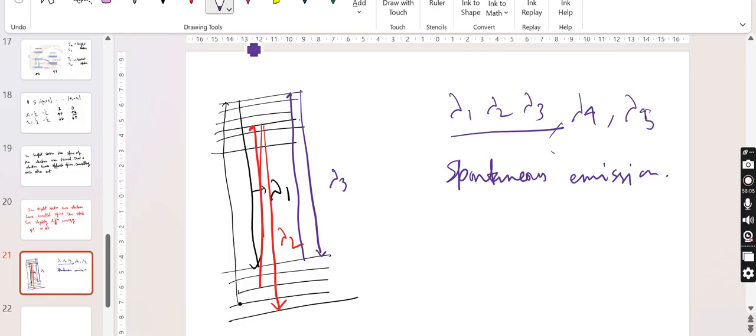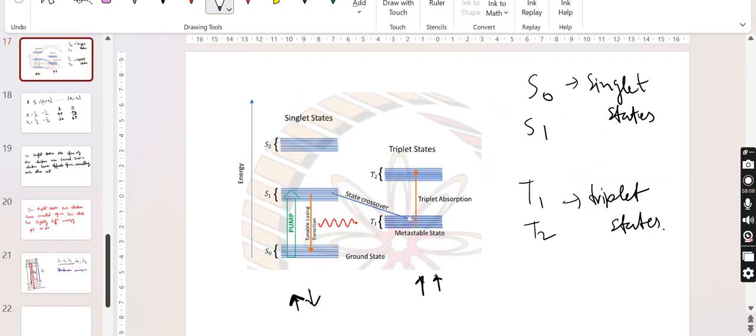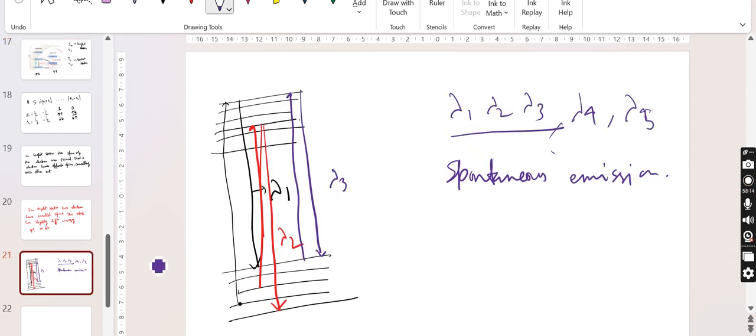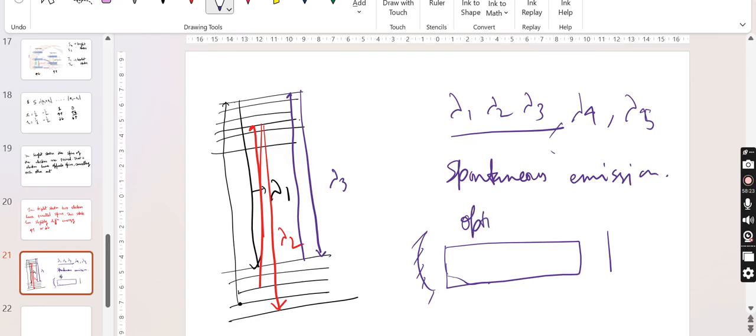Now, if we put the dye mixture inside an optical cavity, and we select the optical cavity length in such a way that only lambda 1 gets amplified due to feedback, and the other lambda 2, lambda 3 don't have a gain above the loss line, then we can get lambda 1.